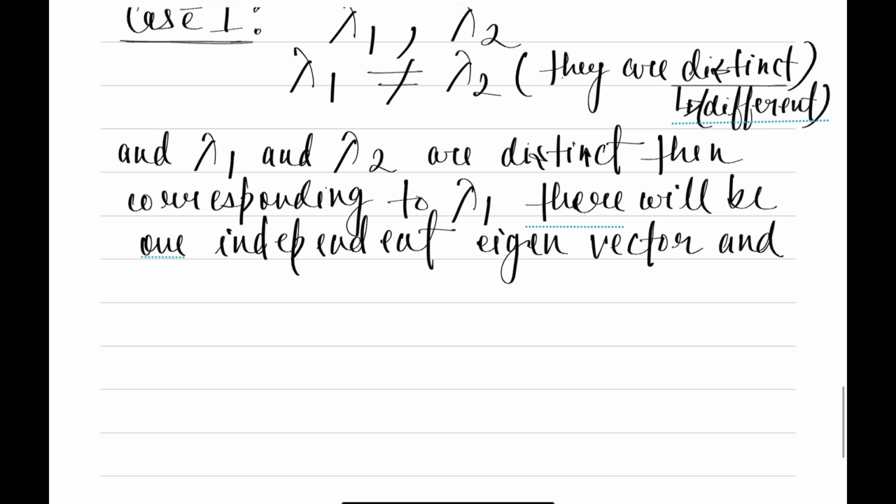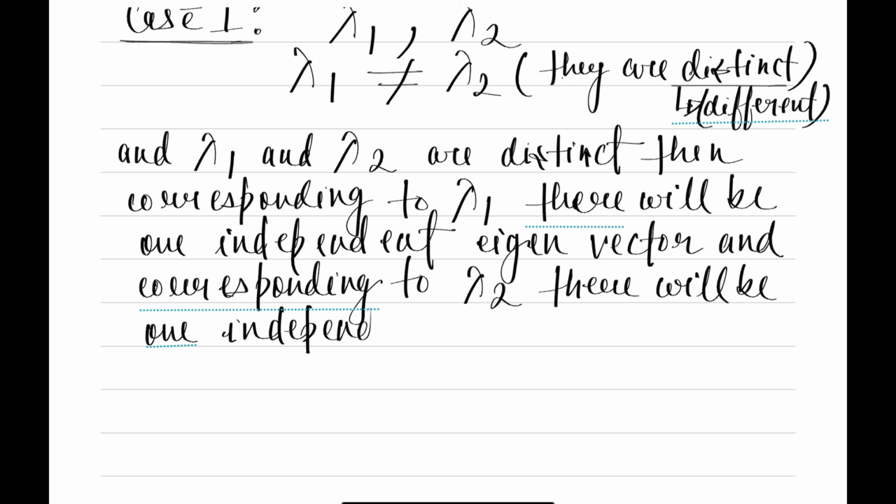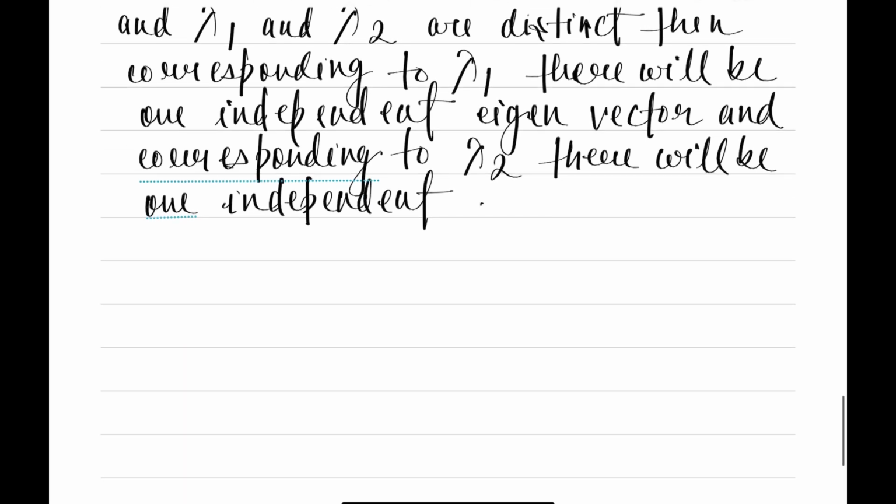and corresponding to lambda 2, there will be one independent eigenvector.